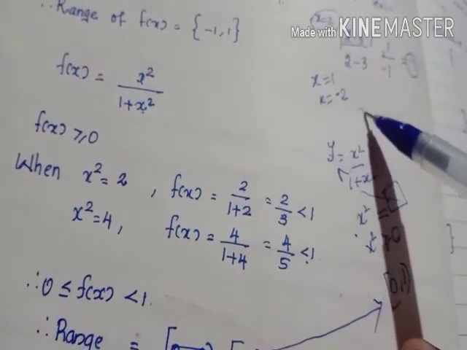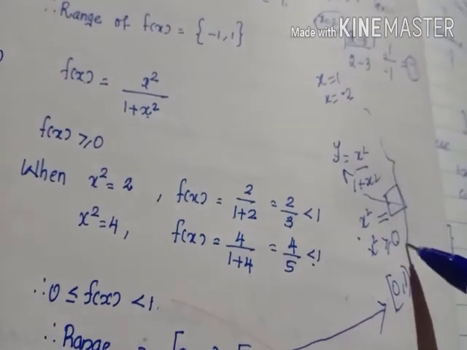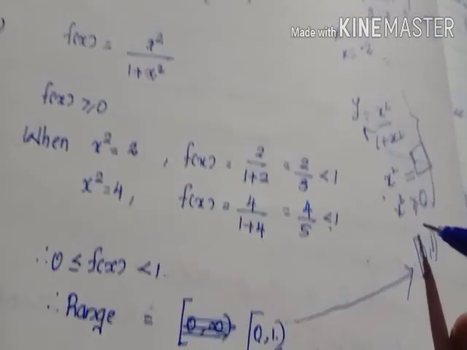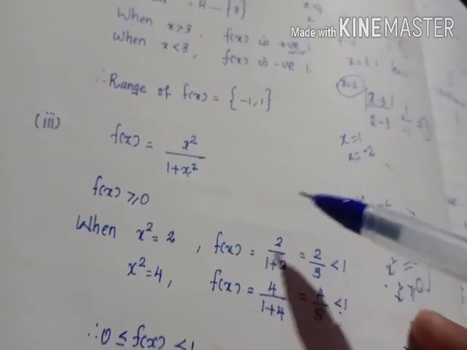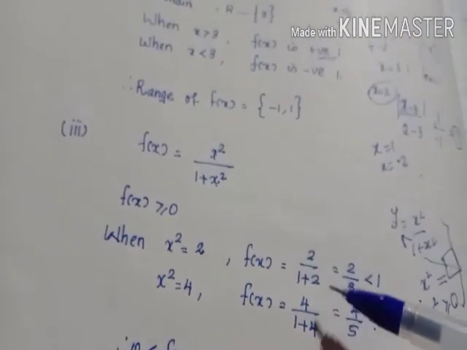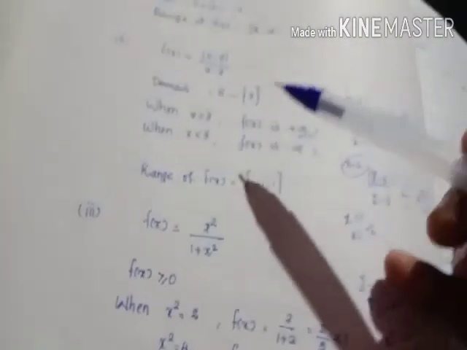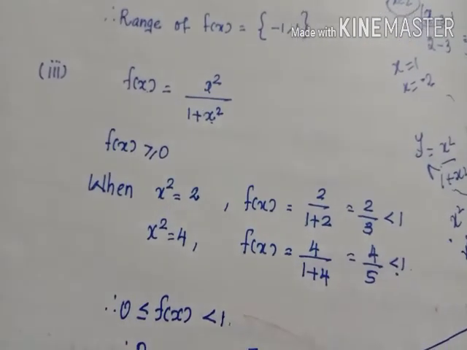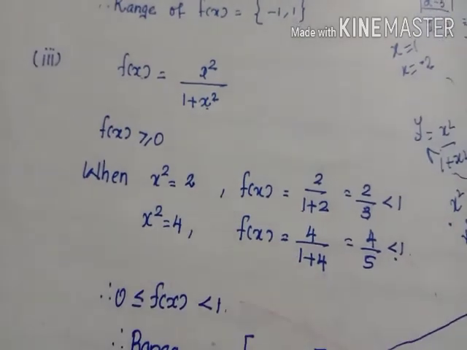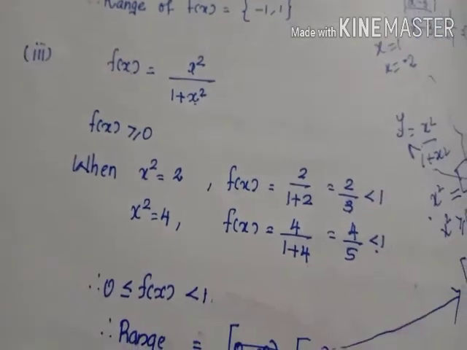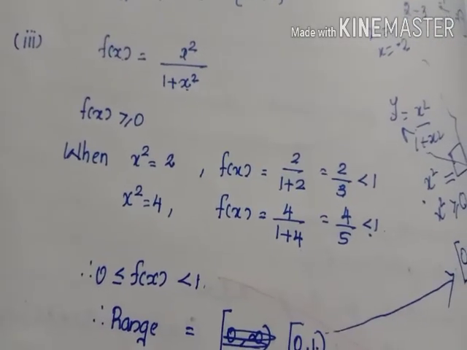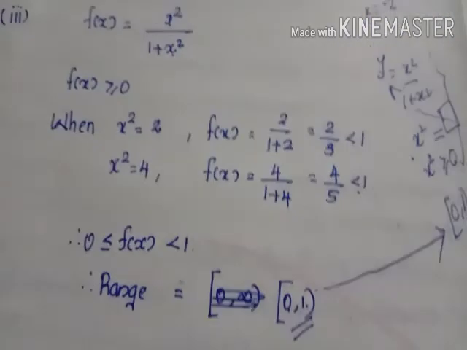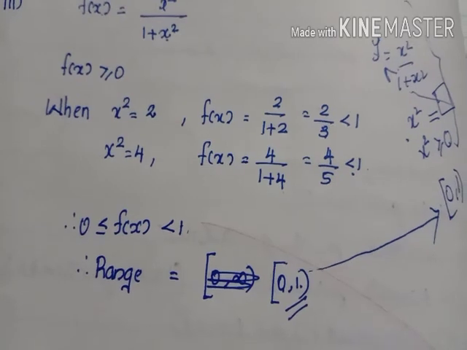In this case, it is a little bit tough. At the same time, we can easily find the range set. It's up to you. You can opt for any of the methods. Anyway, these are the methods to find the range of a function. In the YouTube video, I gave some more examples. Watch the video carefully and understand and learn how to find the domain and range of a function.